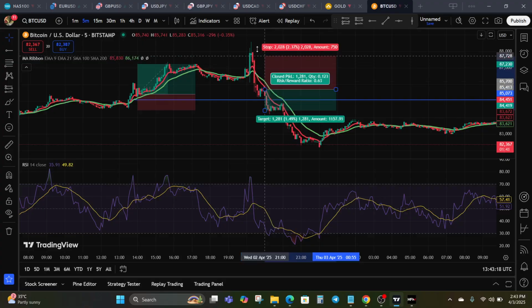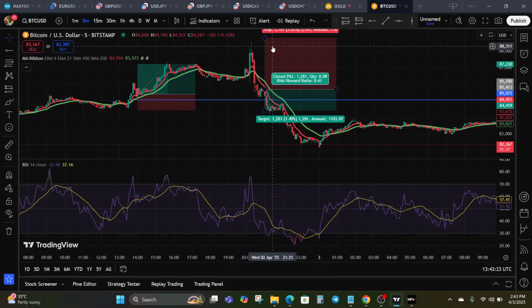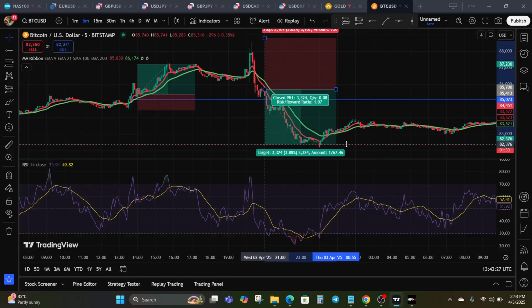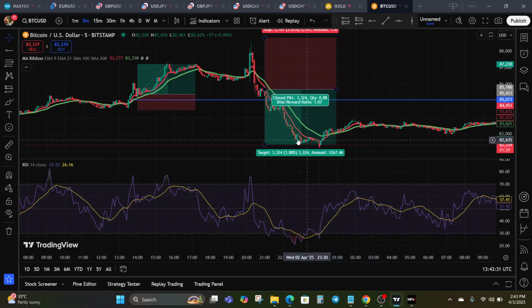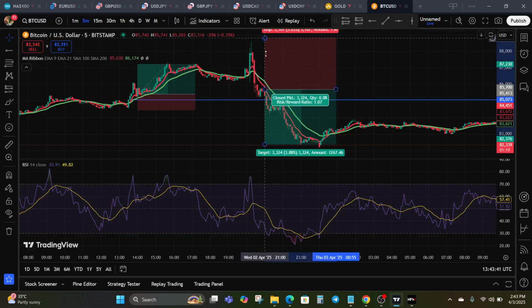Your stop loss can be above the recent swing high. In this case, wow, the high was really, really high. So we're not going to have a good risk to reward ratio. In my opinion, you should just stay out of this trade because the risk to reward ratio is quite poor. That is 1:1. Had our recent high been somewhere around here, then it would have given us a good risk to reward ratio.